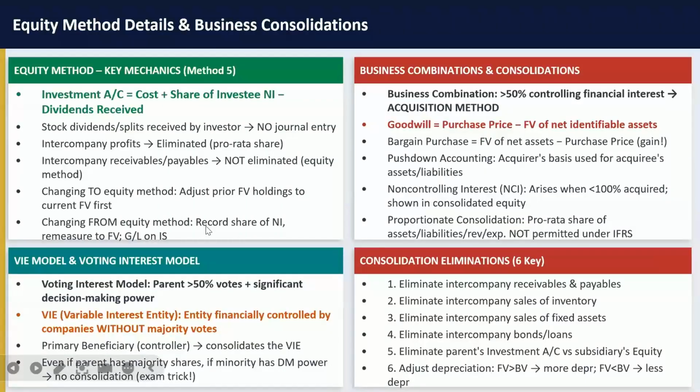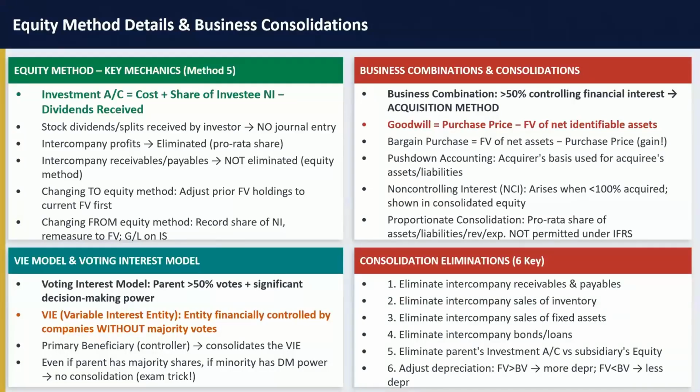Here it is given as record share of net income. Actually, you don't record share of net income. Okay. So it is like re-recording. That means you have to remeasure it back. Okay. Or else, in one more way, you can understand this.